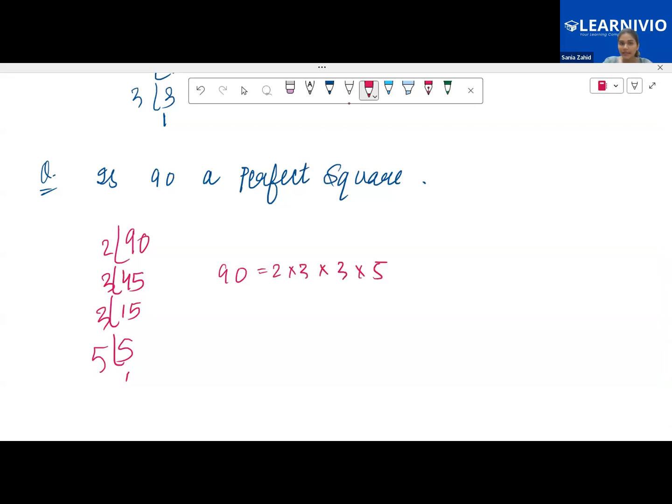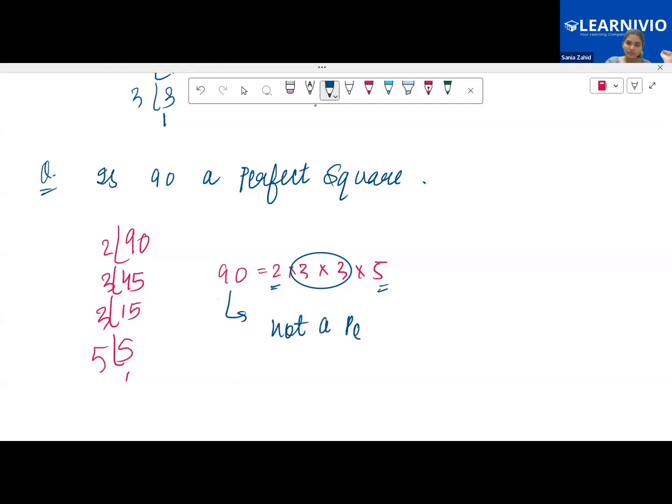Can I make pairs of the factors now? I can make only one pair. 2 and 5 can't be paired up; they are left alone. Whenever the prime factors cannot be made into pairs, that tells me the given number is not a perfect square. Like 90 is not a perfect square.